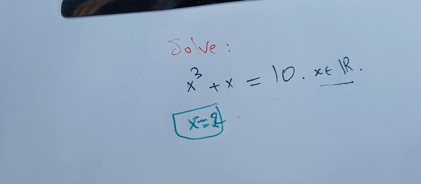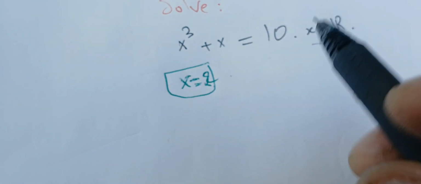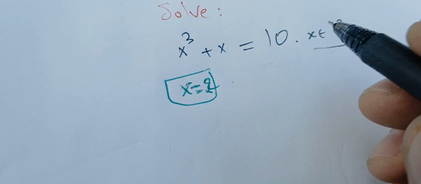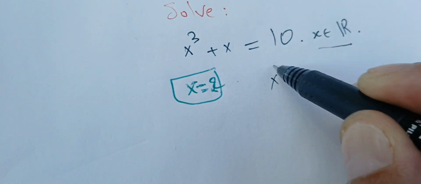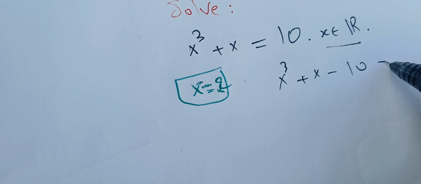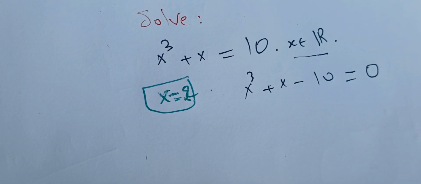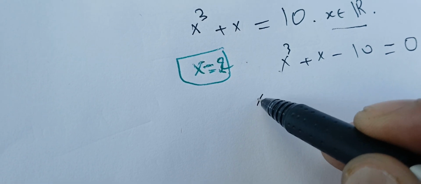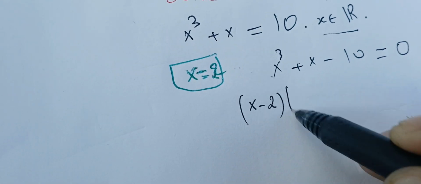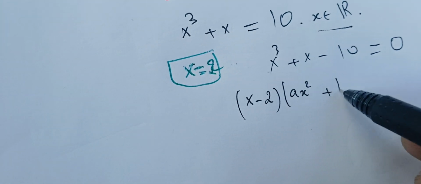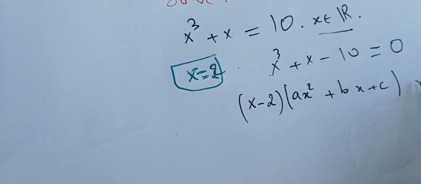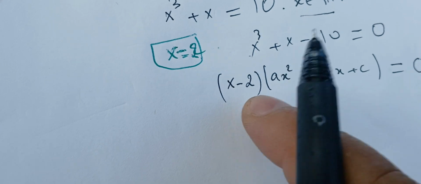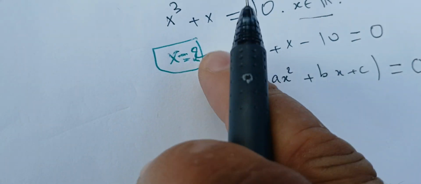We can write this equation as x cubed plus x minus 10 is 0. Now we know that 2 is a solution, that means we can write this as x minus 2 times ax squared plus bx plus c is 0, because x minus 2 is a factor.